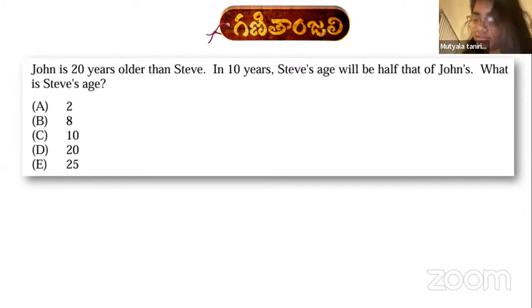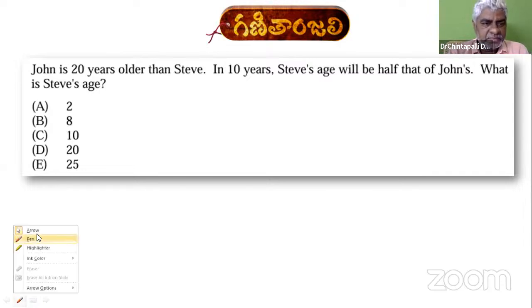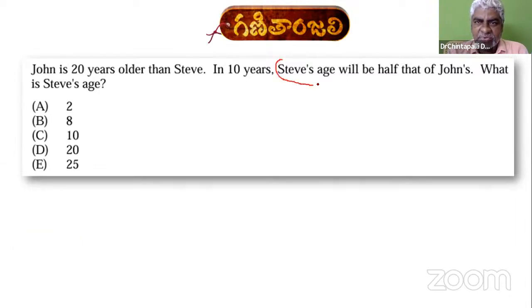One straightforward method is, as you suggested, let Steve's age be X years.